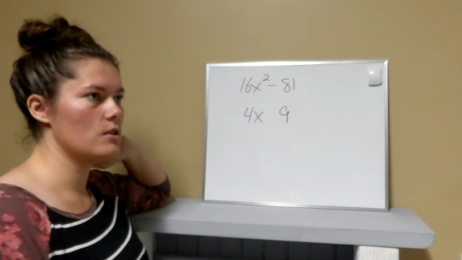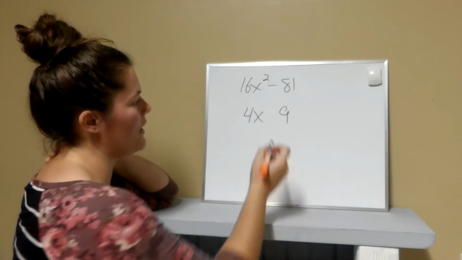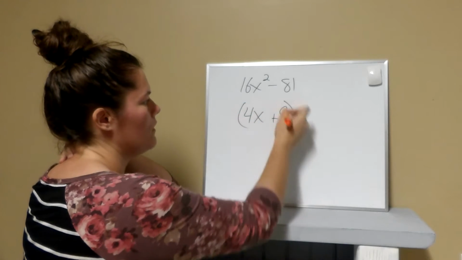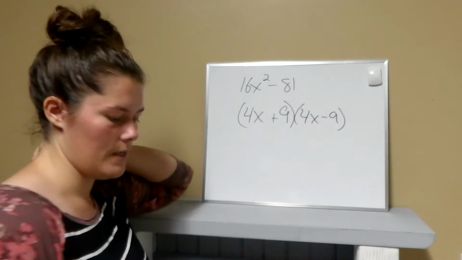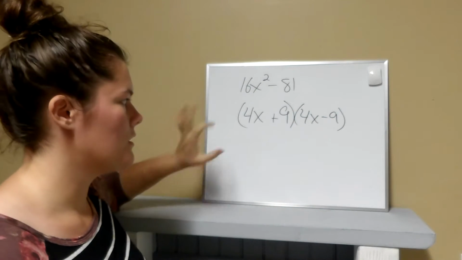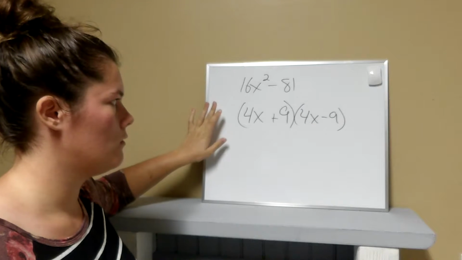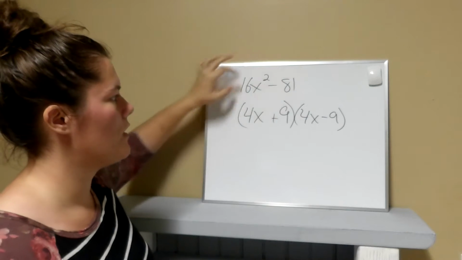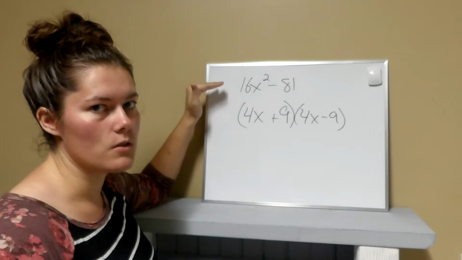And you're turning this into basically like a conjugate. You have a plus on one side, then you have a 4x minus 9 on the other side. So this is how you would factor a difference between two squares. This is a very simple one because they're perfect squares.